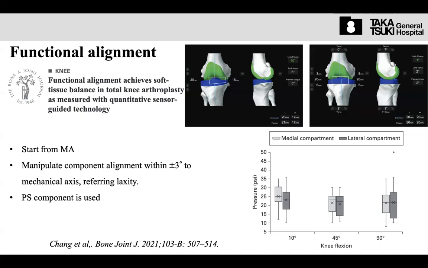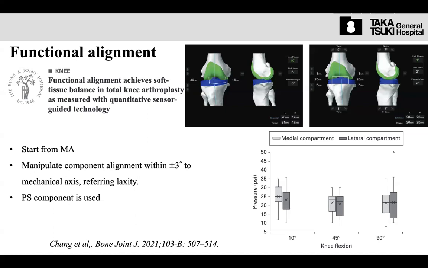So gap is secondary. They believe that if we reproduce the patient's native articular surface, the gap can be balanced automatically. Well, that is the difference.